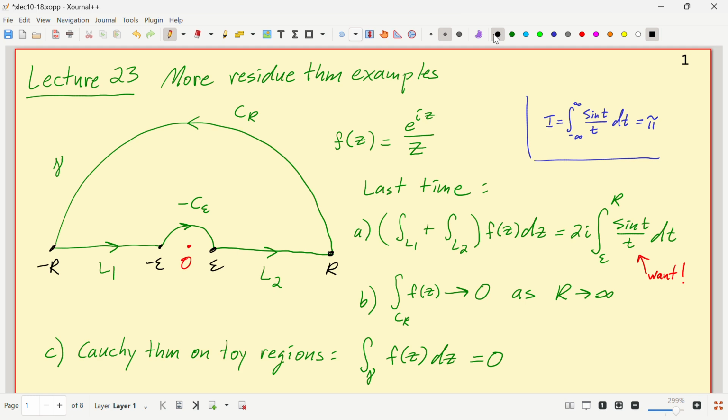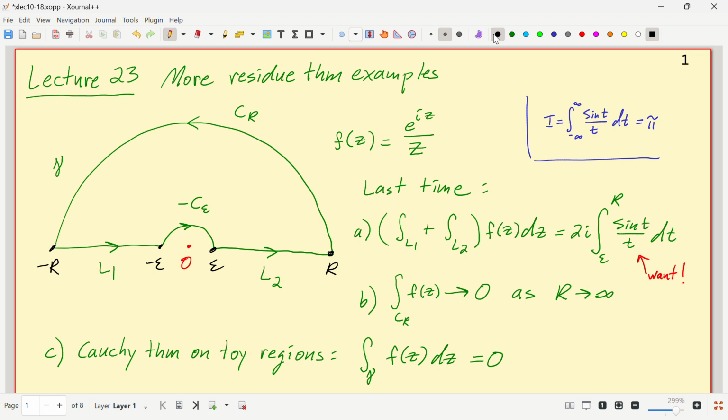Okay? And so the plan is we're going to figure out what that is somehow and let r go to infinity first, and then let epsilon go to 0 second, and we'll get the answer we want. Last time I used a Jordan's lemma argument, a more sophisticated way of estimating that integral, and showed that the integral around c sub r tends to 0 as r goes to infinity.